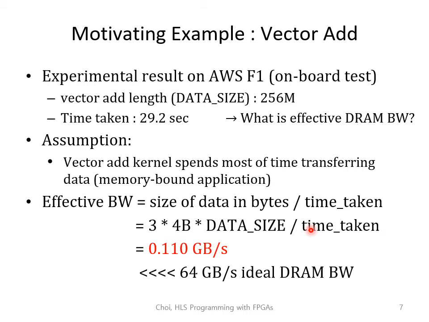If you do the calculation, it turns out that we only achieved an effective bandwidth of 0.11 gigabytes per second. Since the ideal DRAM bandwidth is 64 gigabytes per second, the effective DRAM bandwidth is way too small. So let's see why we get such a low bandwidth.